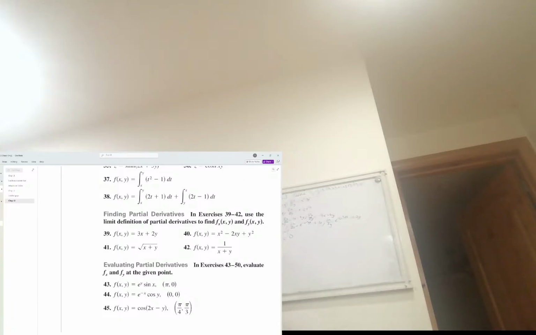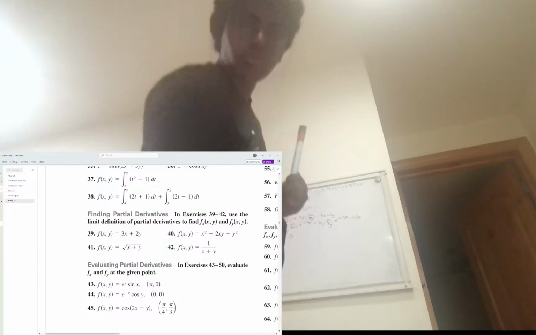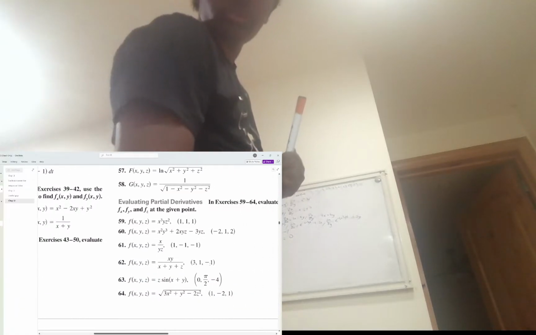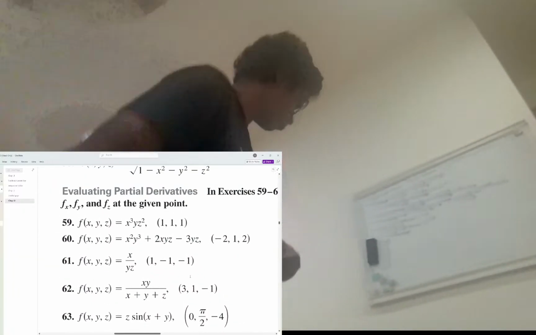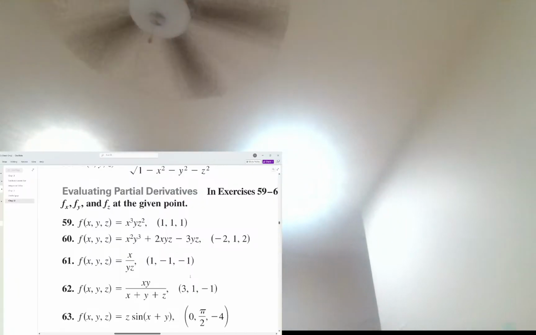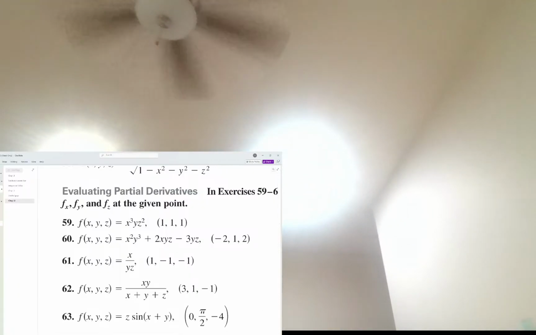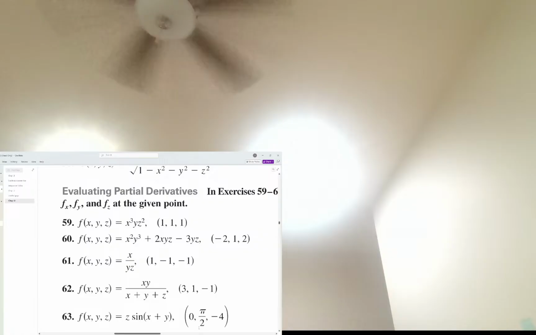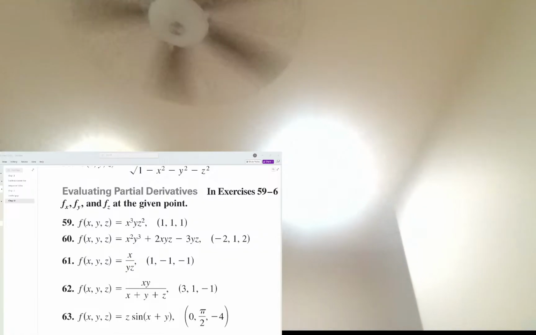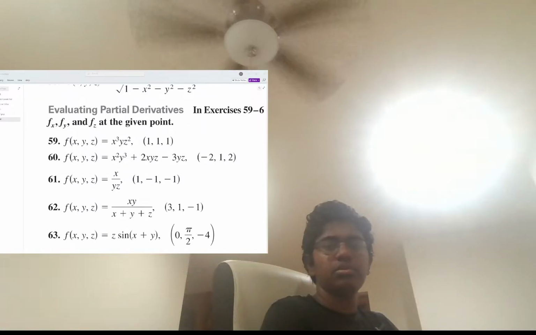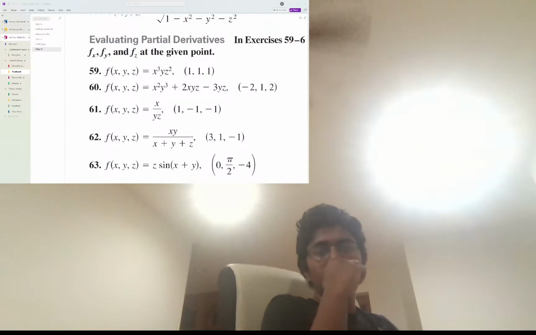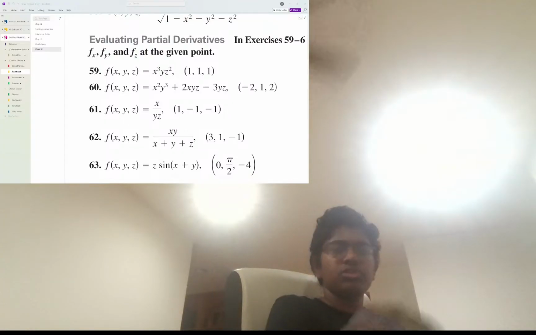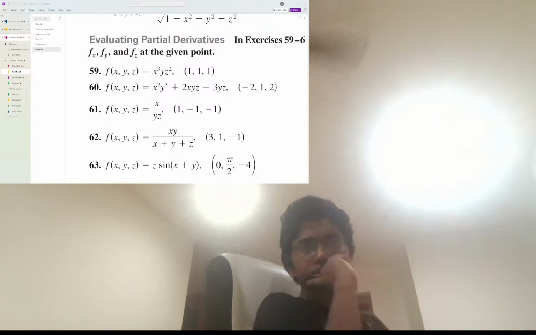Let's go to 61. This is pretty easy. You just do the same thing. f of x comma y. Oh, you guys can't even see my face, but I gotta move this up here or something. But then it blocks the whiteboard. So, 63, 61. Yeah, 61 is pretty easy.